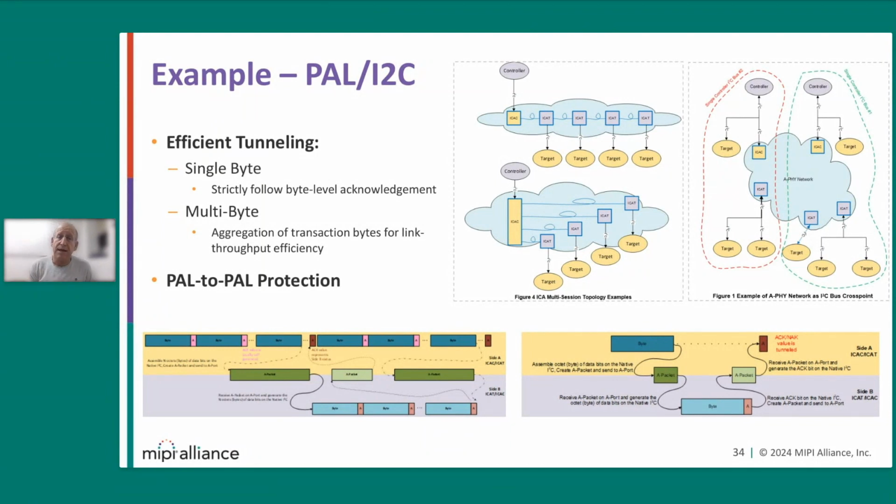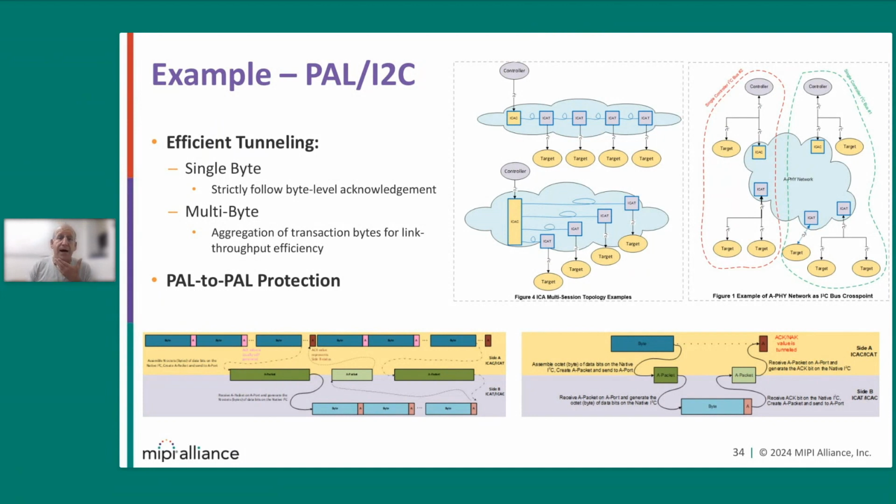On the other hand, if you know that you have a chance to assemble a few bytes, then you can work in multi-byte mode. This mode uses the throughput of the link more efficiently, but in turn it gives you a different trade-off to your application.